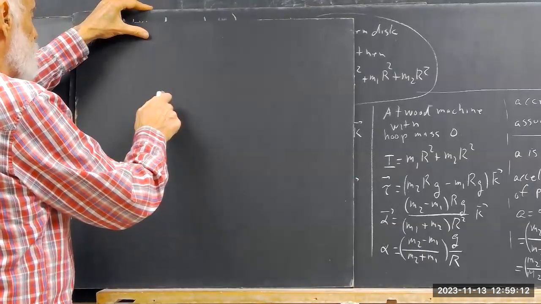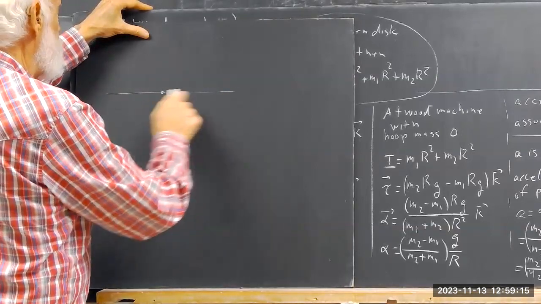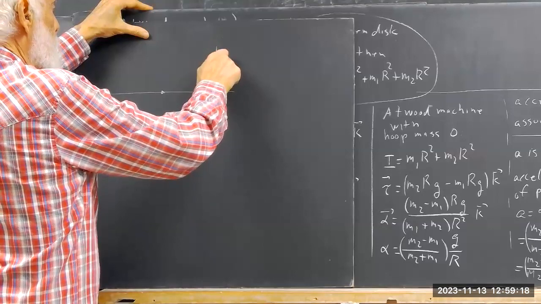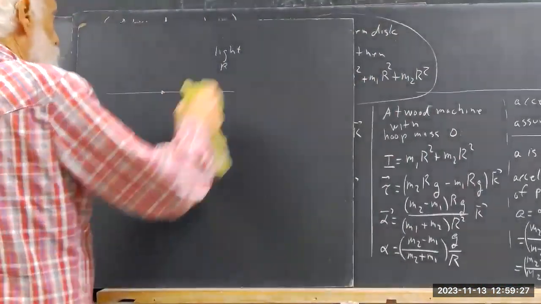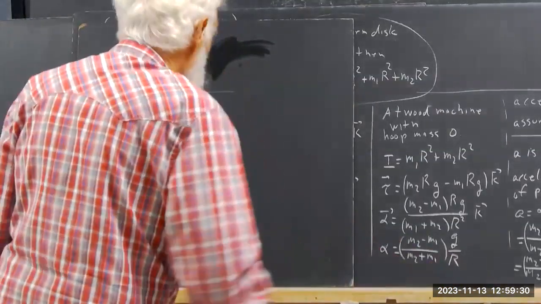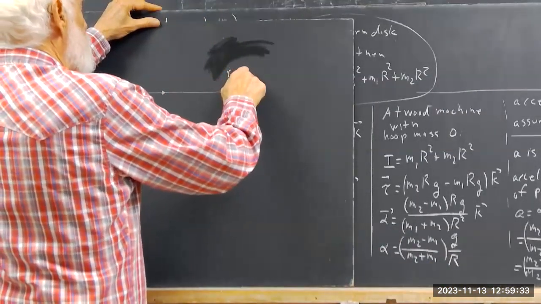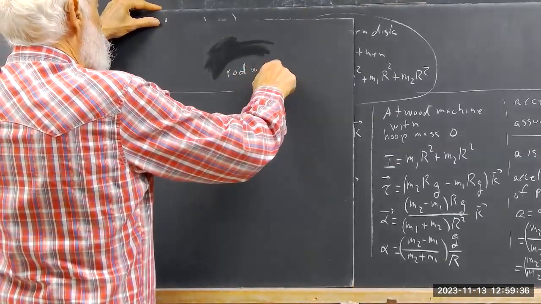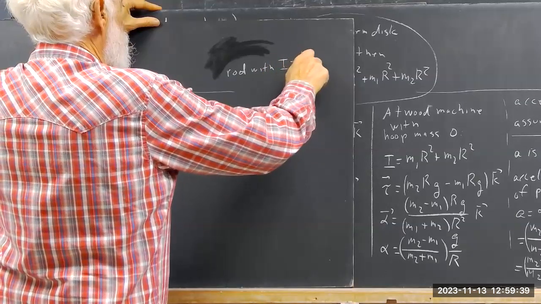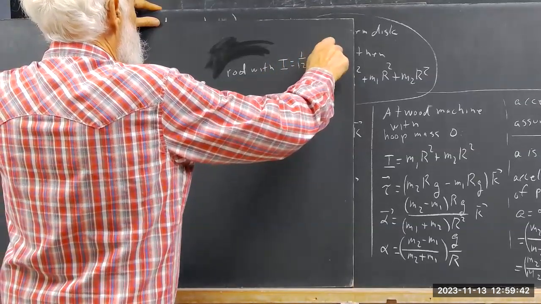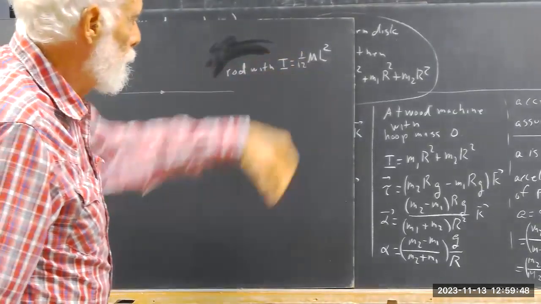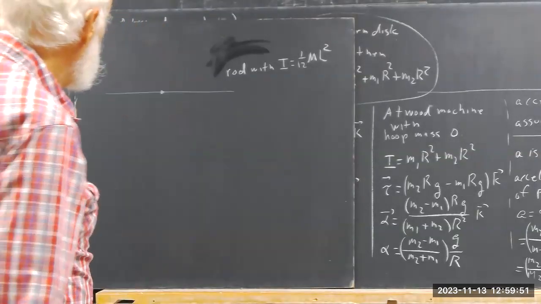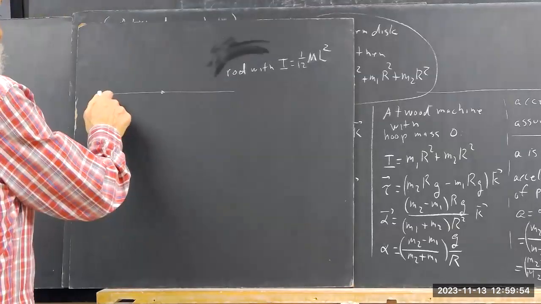First of all, let's take the simplest. This is a light rod, but I don't want it to be light. I want it to have a moment of inertia. A rod with moment of inertia 1/12 M L squared. There's a simple integral. Your book doesn't show it, but you should understand it.